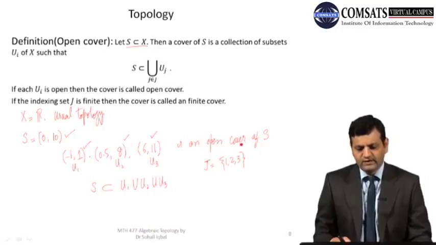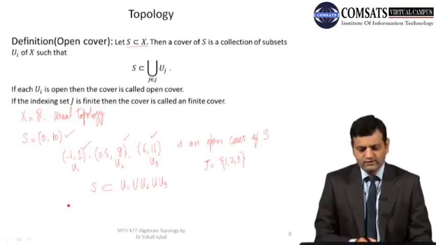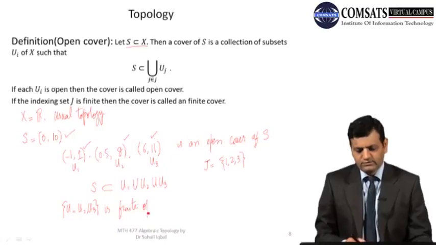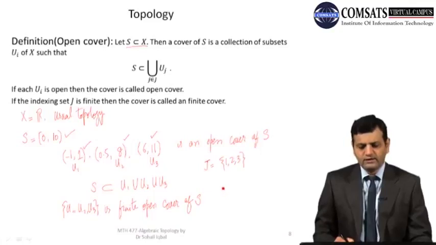That's why we can say that U1, U2, U3 is a finite open cover of S. So similarly we can find other examples.